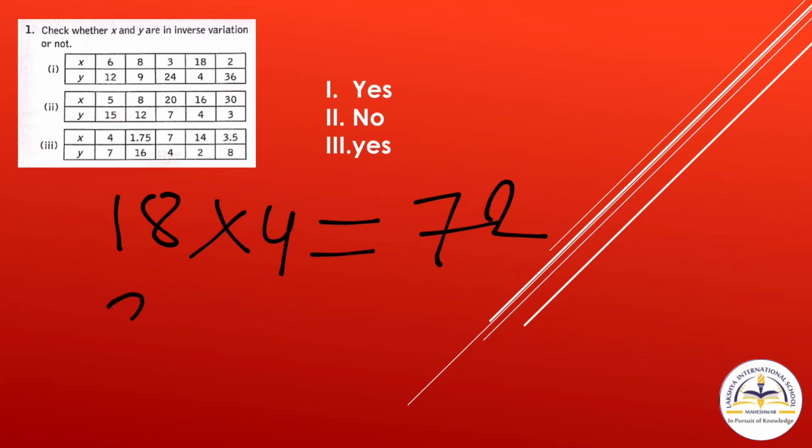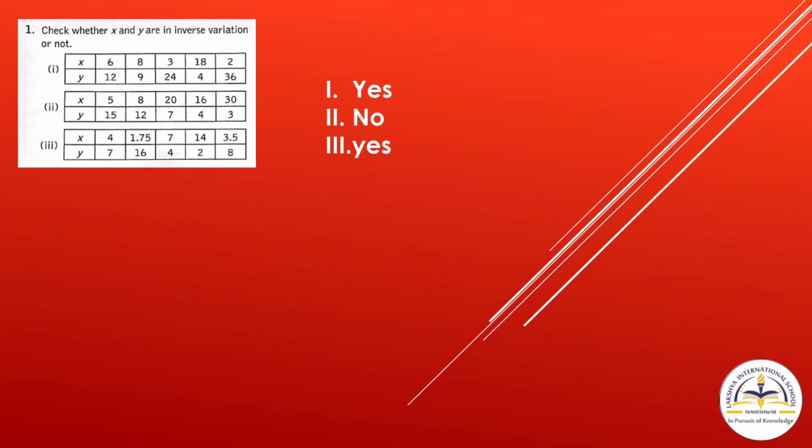And 36 and 2, again 72. Now the product of the x value and y value is always 72. It means these are in inverse variation. So the answer is yes.